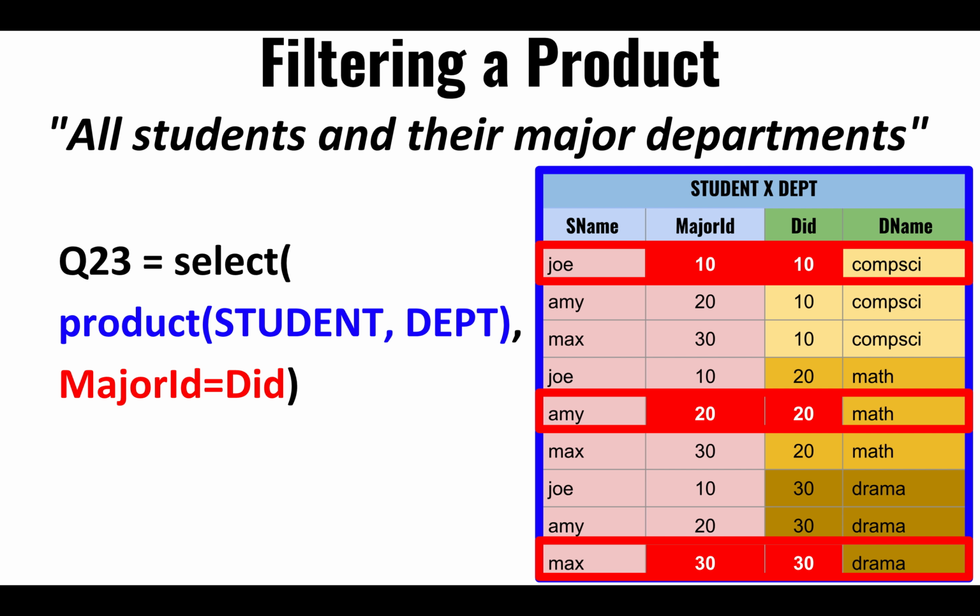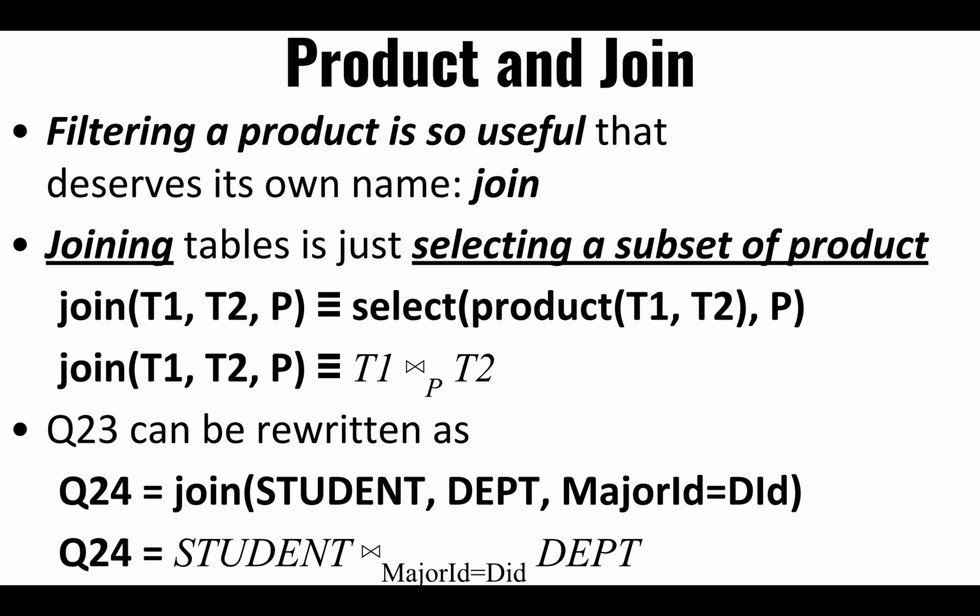And we are feeding the product into select, right? And then we're filtering out only where the primary keys and the foreign keys match, right? And we highlight here the ones that do match, and we would ignore the ones that don't match, right? Now this is such a useful and common operation, a product followed by a select, that we give it its own specific name called the join, right?